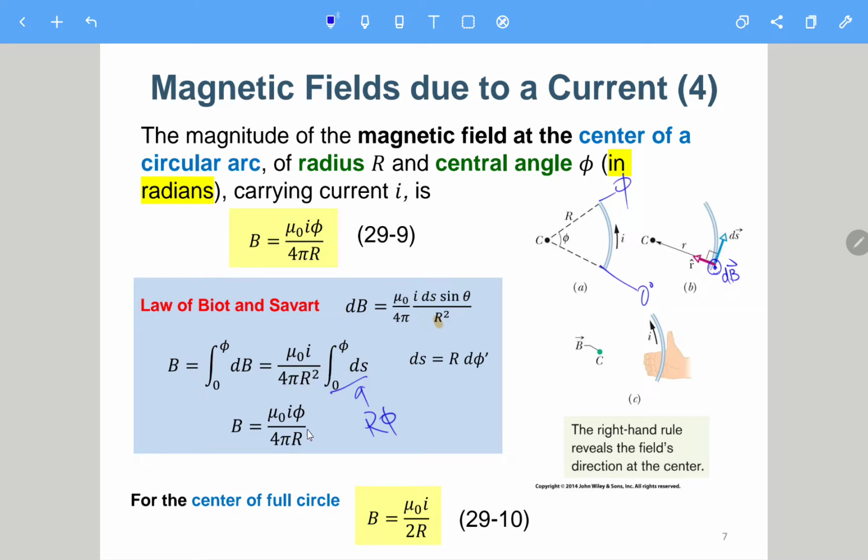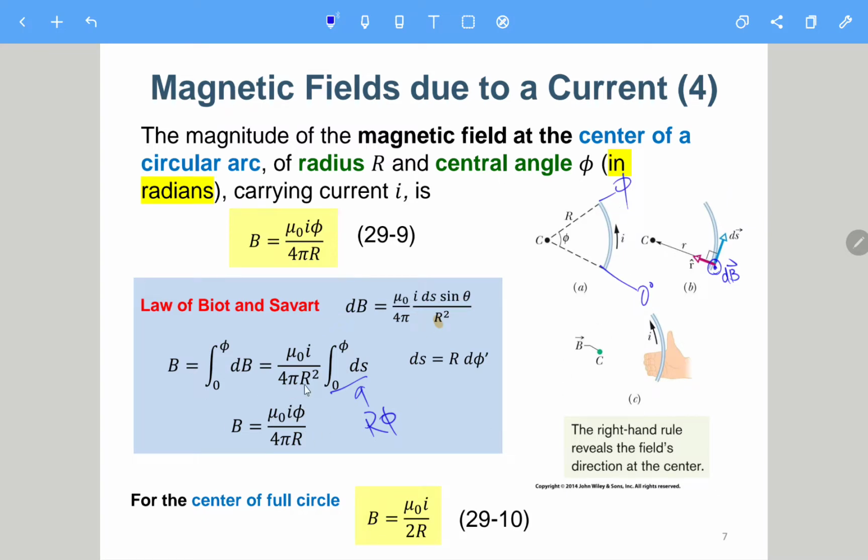So we have 4 pi r in the denominator, and then we have mu 0 I phi in the numerator. So this is the expression, slightly different from the previous one because we have an angle for this arc here.